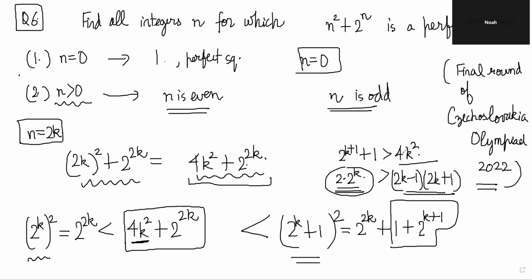I think 6 and 8 might be the only solution. I mean, oh wait, no. We have to just figure out which is bigger. So four k square has to be compared with this.